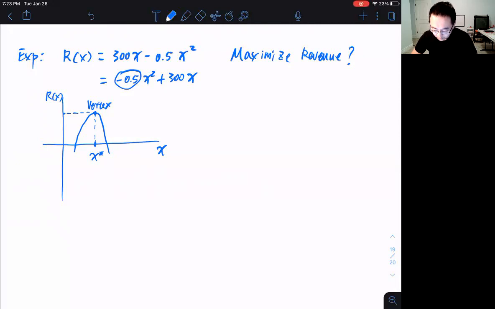So let's find the vertex. For your quadratic equation, the vertex is negative b over 2a, and then 4ac minus b squared divided by 4a. We already knew that, so let's just apply it.